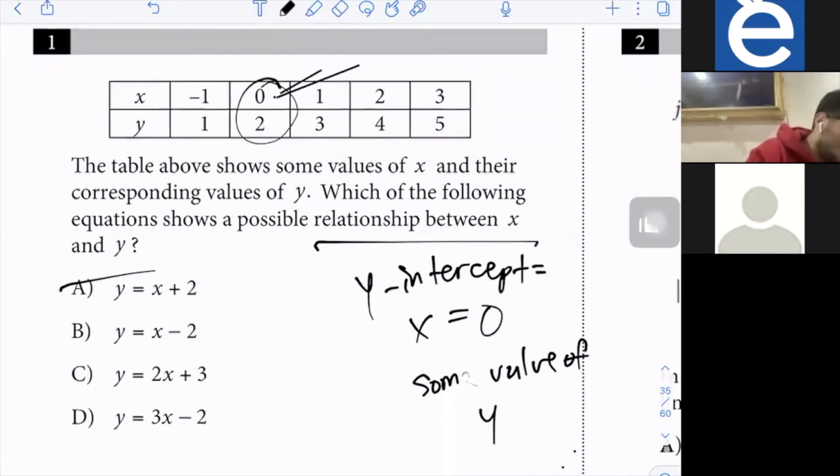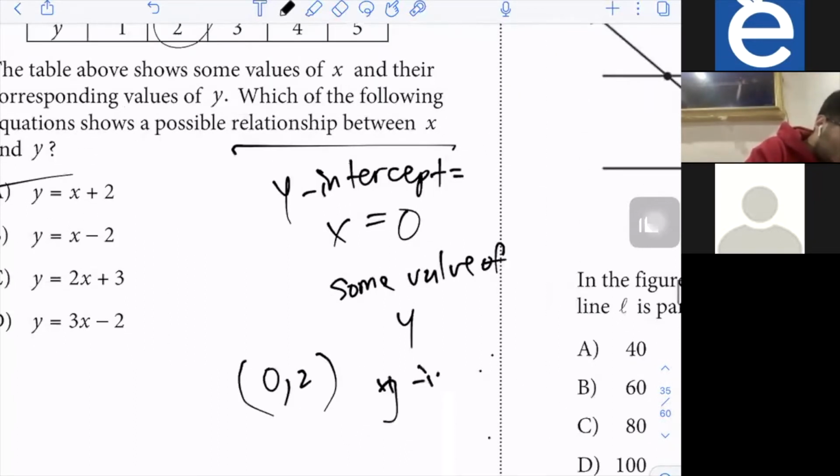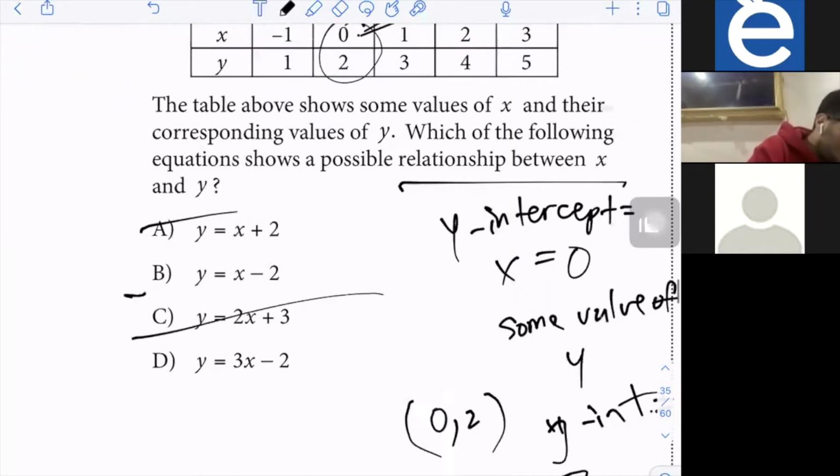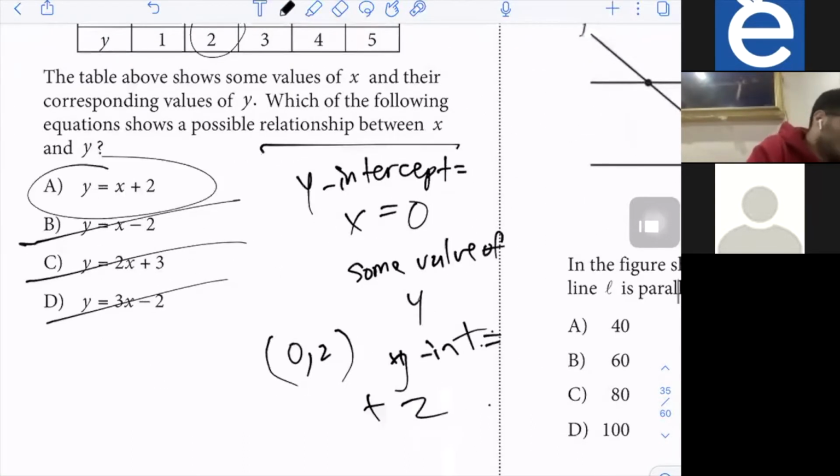We know it's (0, 2), so the y-intercept is 2. So we can cancel out B and D, because it has to be positive 2. So we know our answer is already A.